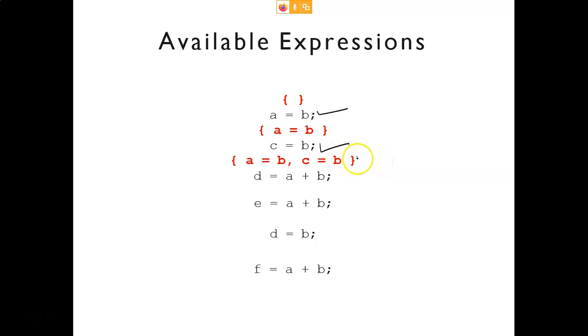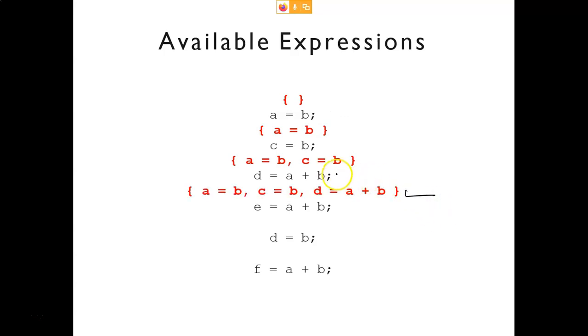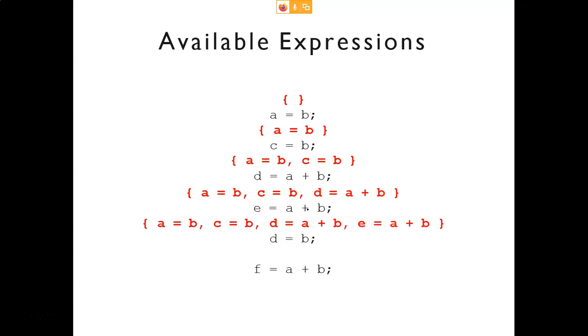After the next statement, this is your set of available expressions, because now this one, this one and this one are available at this point of time. After this statement, this is your set of available expressions, because now this is available, this is available, this is available, this is available.